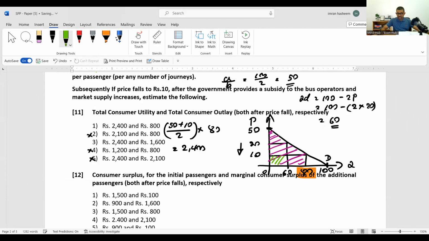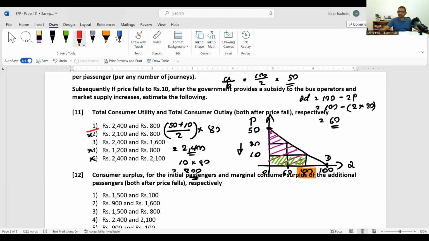So the purple and green rectangle is the expenditure. Can you estimate the value? Basically, it's 10 into 80, that would be 800. So what is the answer that says 2,400 and 800? The first answer. The correct answer is number 1.